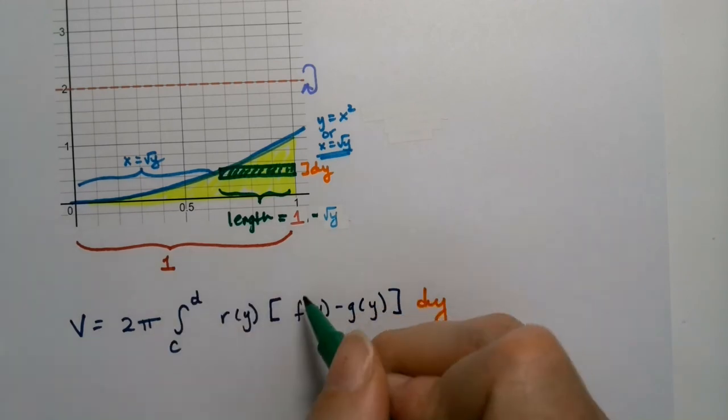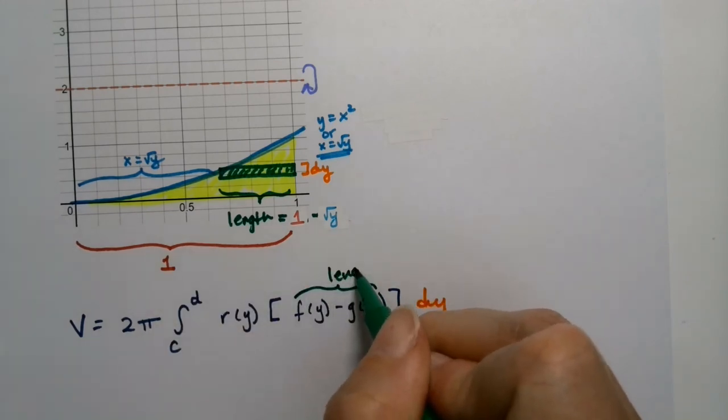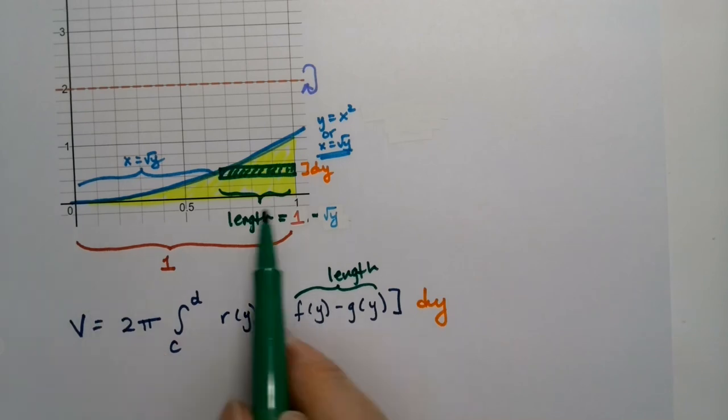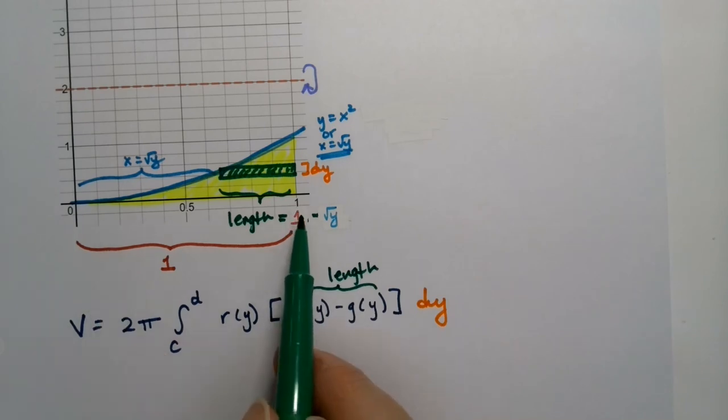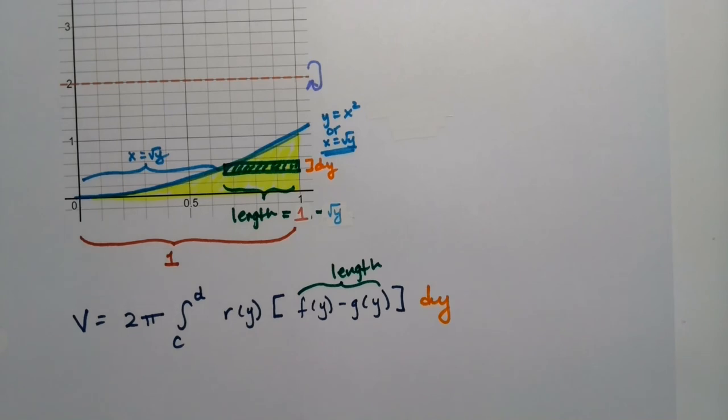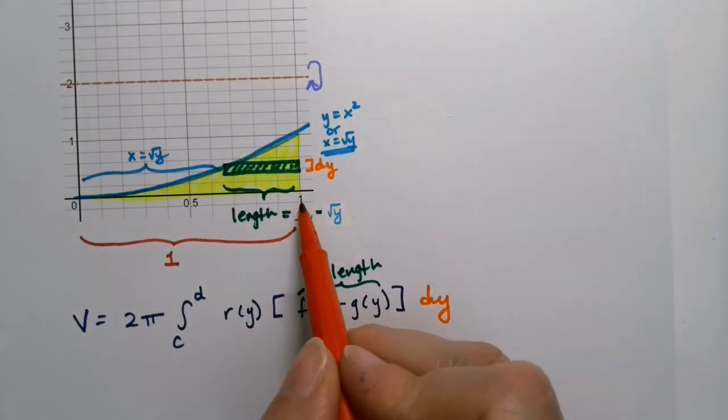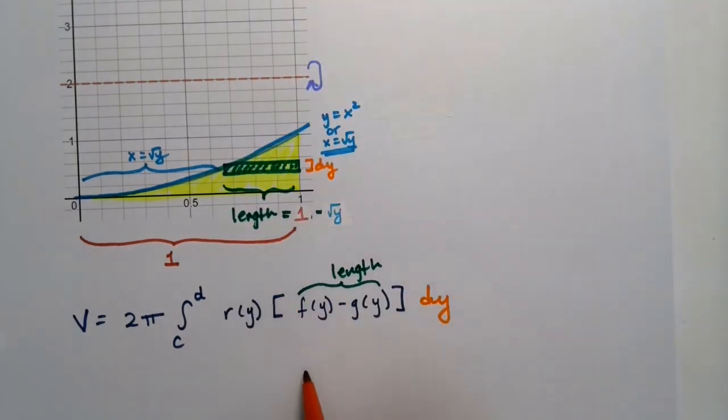This length right here, that's what we're doing. So f of y is 1, right? It's x equals 1. So x equals 1 is this line over here. So this is x equals 1 minus the square root of y, which is y to the 1/2. So I have the length part now figured out.